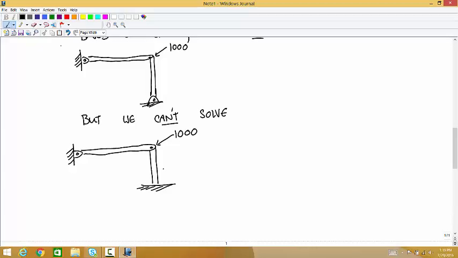So we should be able to solve for those reaction loads. And the way that we do it, so to solve it, we need extra equations that come from the deformation of the materials.